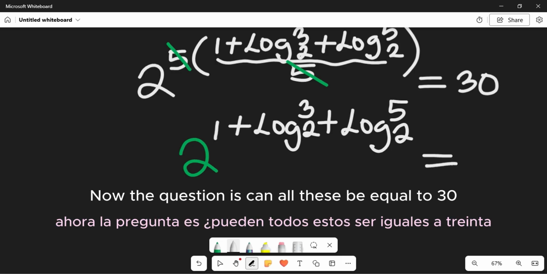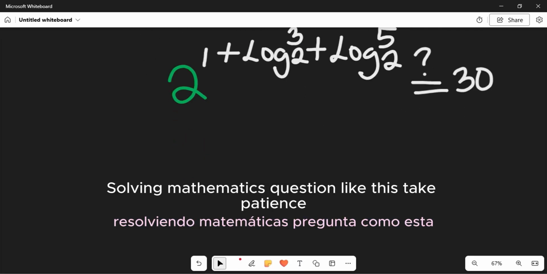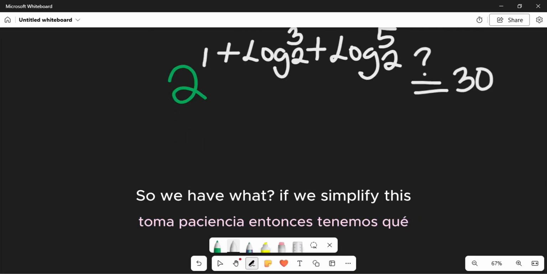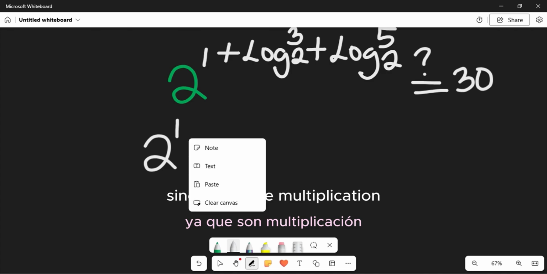Now the question is, can all these be equal to 30? Solving mathematics questions like this takes patience. So if we simplify this, you're going to have this become 2 to the power of 1. Since they are multiplication, remember the law of indices.